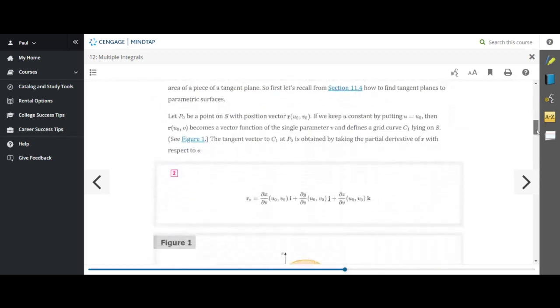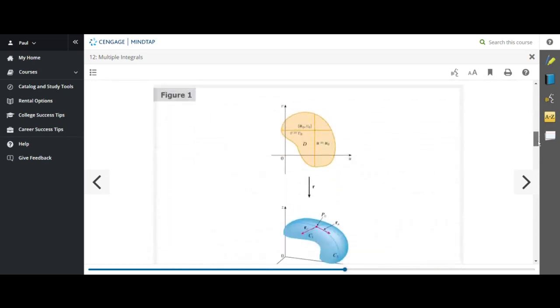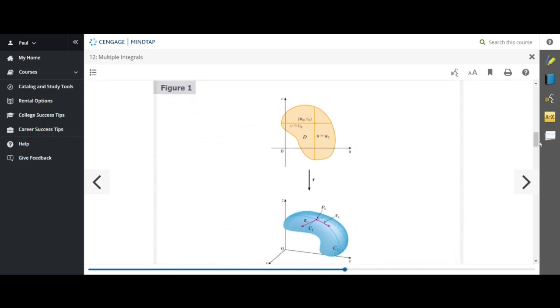So right off the bat, I'm going to go right to figure 1. And this is how many of you recall seeing this kind of scenario in the past, where you have parameters u and v. Here's figure 1.